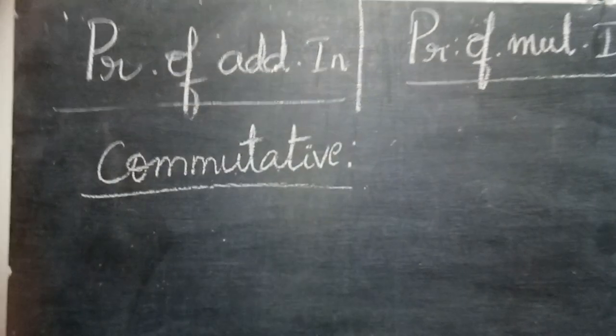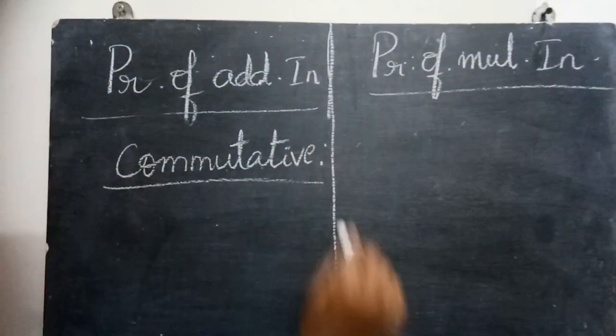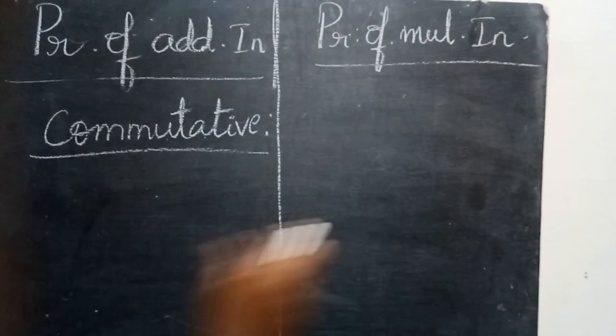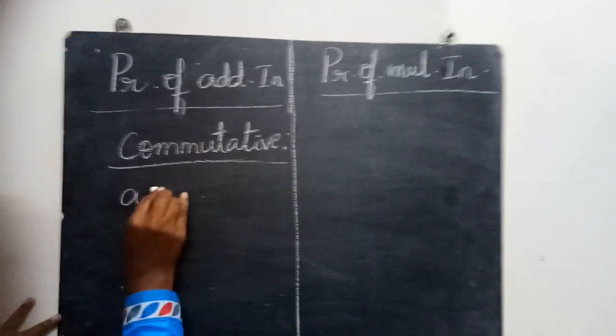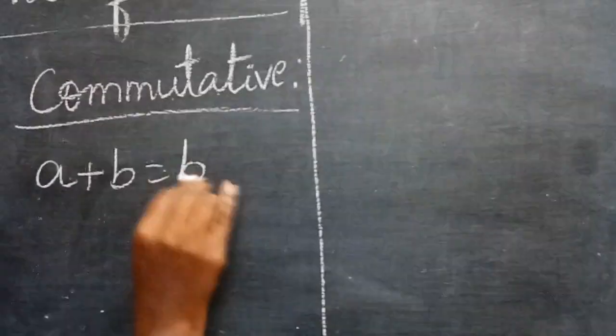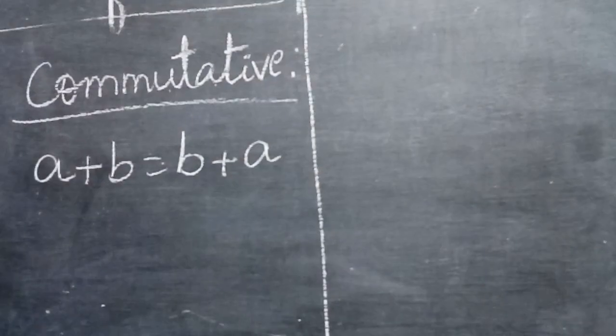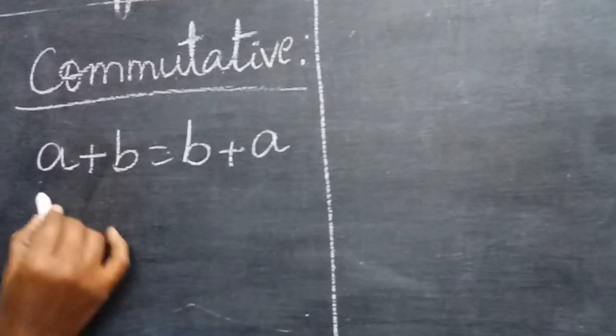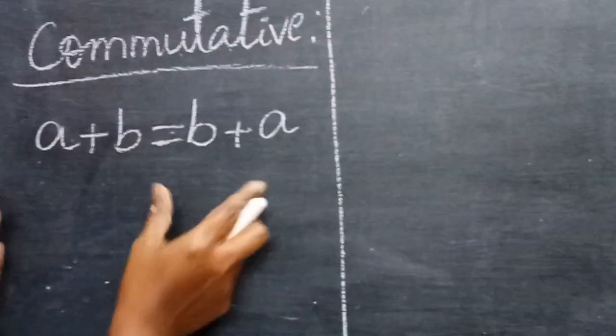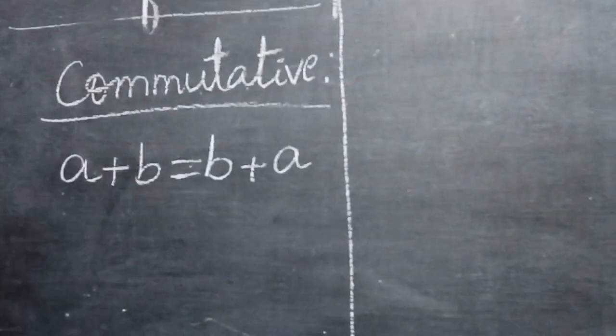Now let's see commutative property under addition and commutative property under multiplication. Both we will see. So commutative property here, A plus B is equal to B plus A. Here, changing the places does not change the value. That you should understand, children.